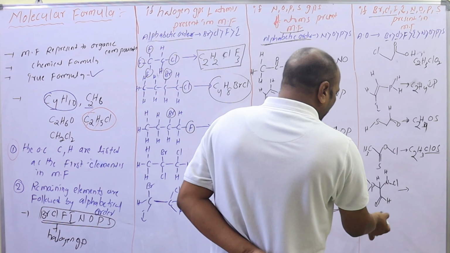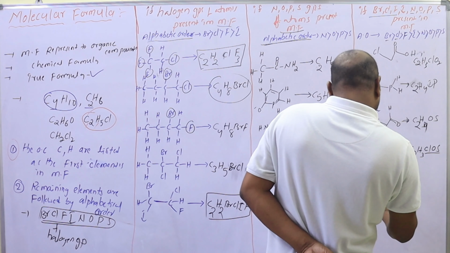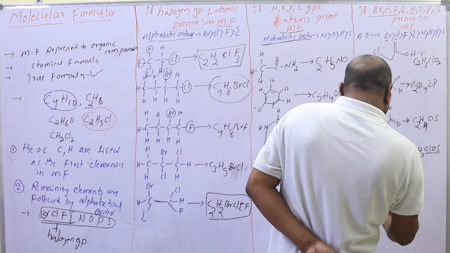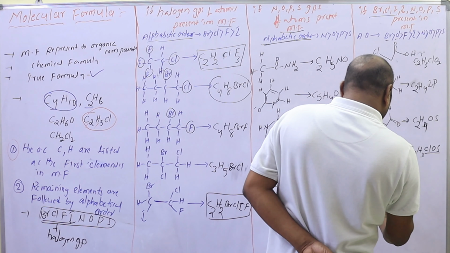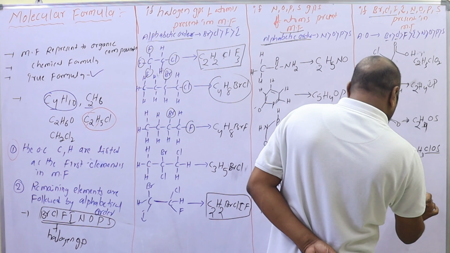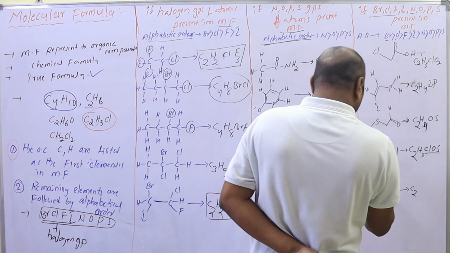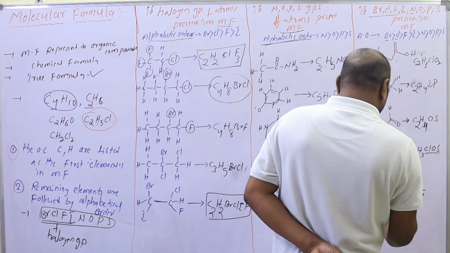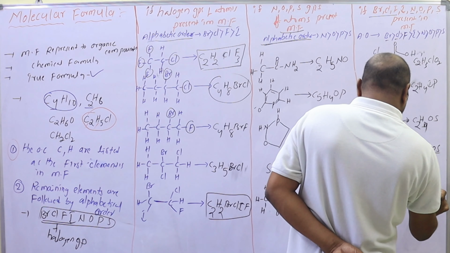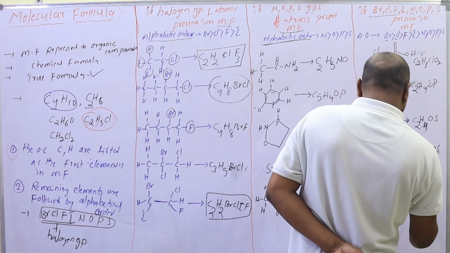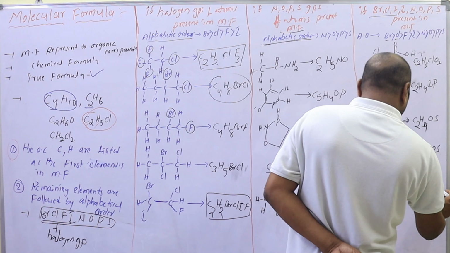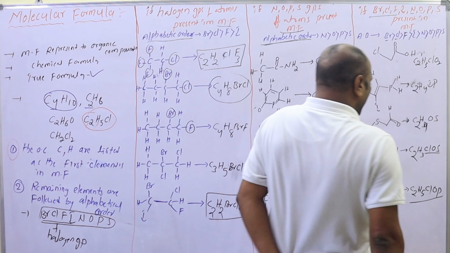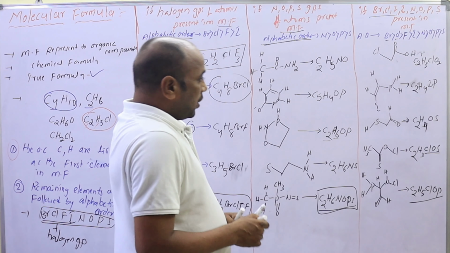In this molecule, how many carbons are present? 2 carbons and 5 hydrogens, and chlorine, oxygen and phosphorus. It is the molecular formula.